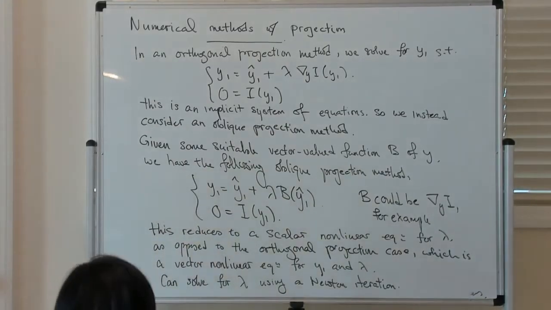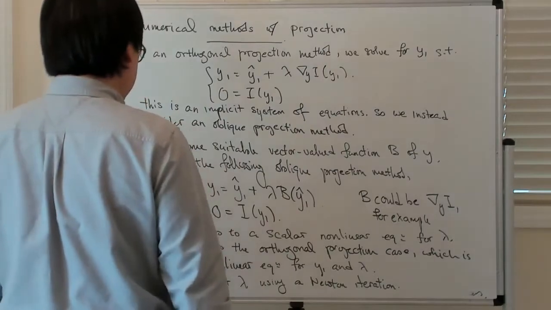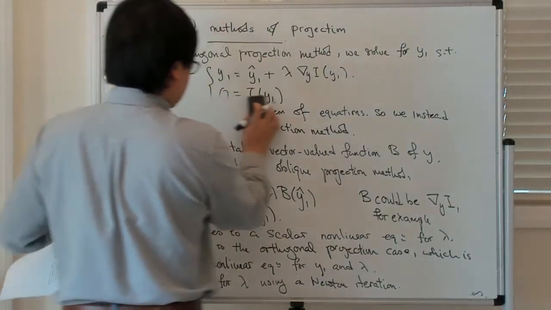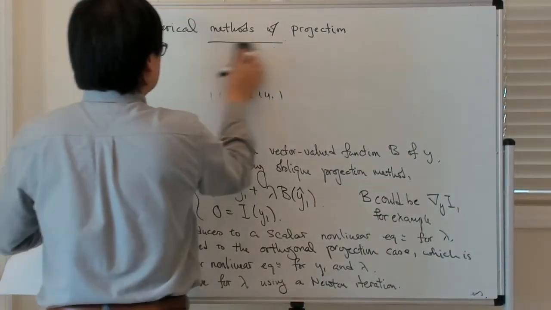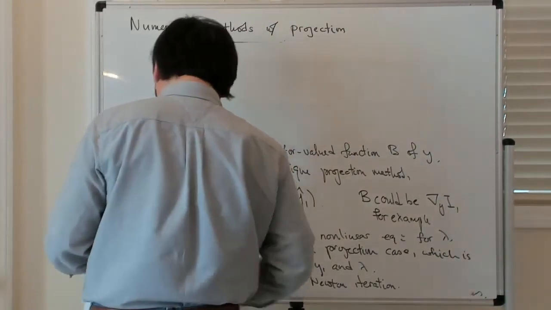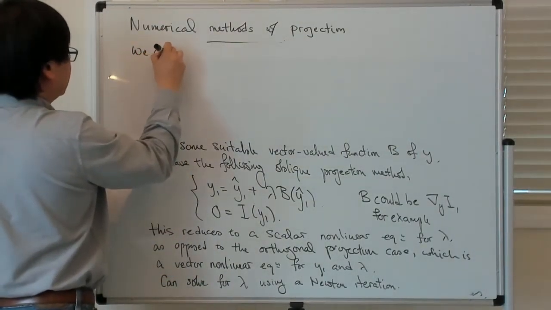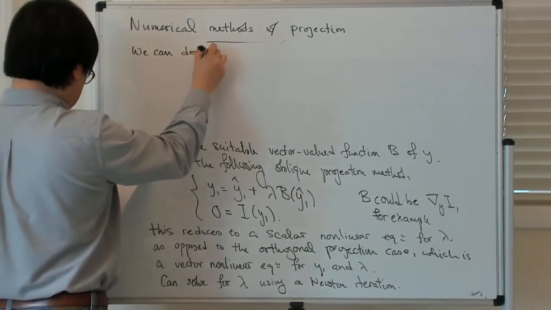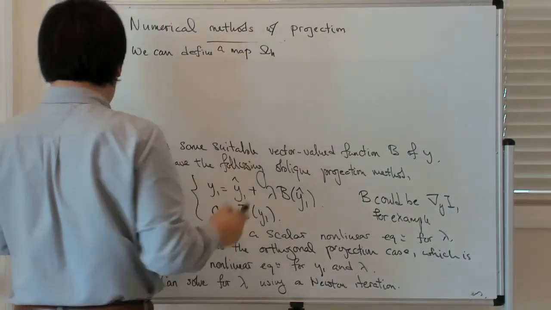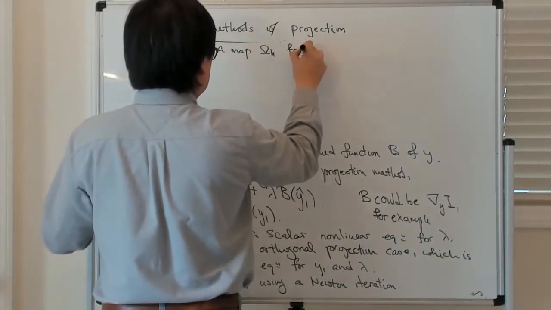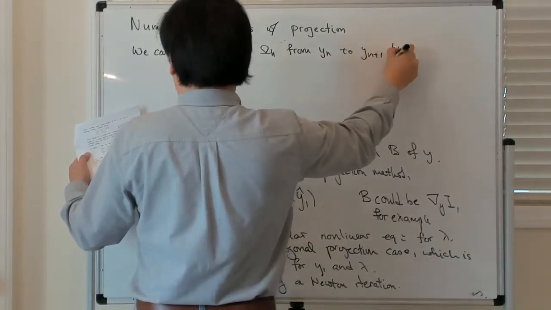Okay. All right, so let's see where we go with this. So we can define a map, say omega h, from yn to yn plus 1 by the following.